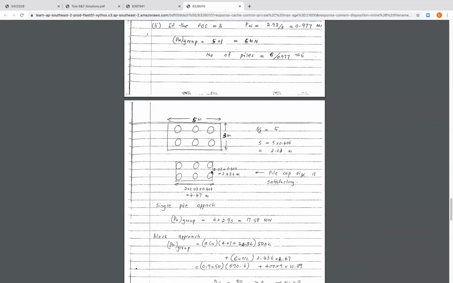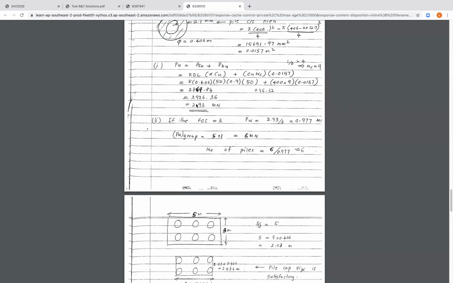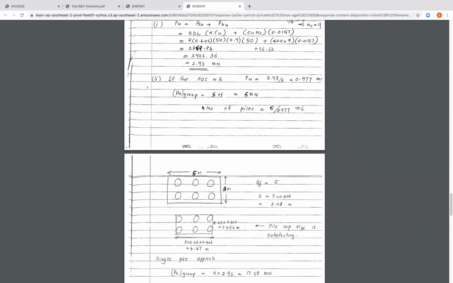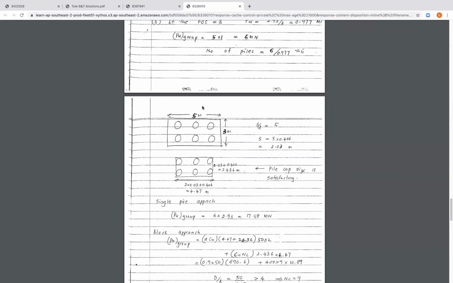Then we need to check the ultimate bearing capacity using the single pile approach. We have already determined the ultimate bearing capacity of the single pile, which is 2.93 here. We now need to determine it for the pile group using the single pile failure scenario, assuming that each pile will fail separately, individually and independently of the adjacent piles.